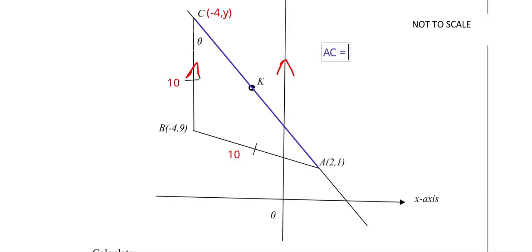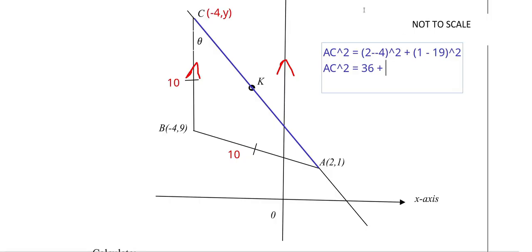AC is equal to, x at A, 2, minus x at B, -4, squared, plus 1 minus 19 squared. Then AC squared is equal to 36 plus 18 squared, which is 324. Then 324 plus 36, so AC squared will be equal to 360.